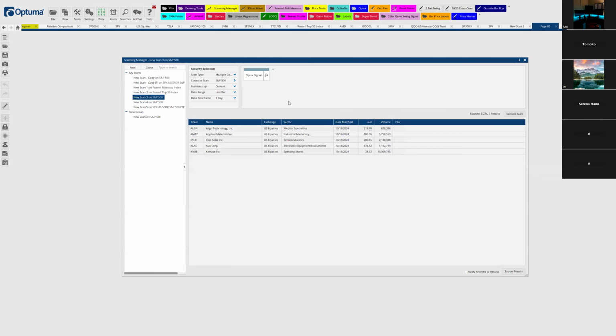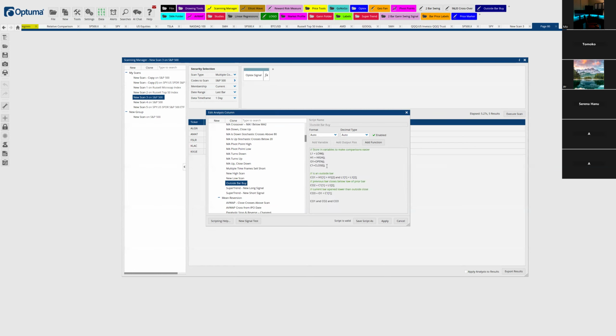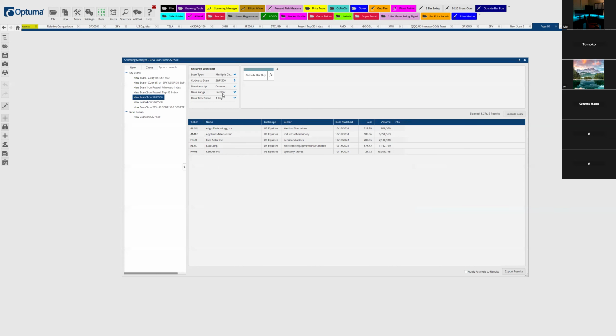There's another I wanted to run. This one is outside bar. This is a whole different animal. Outside bar on the daily. Let's see what the daily shows.